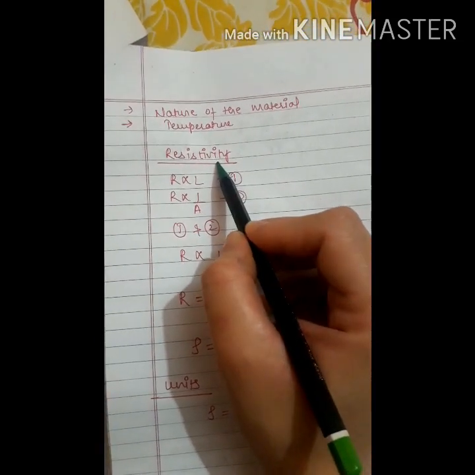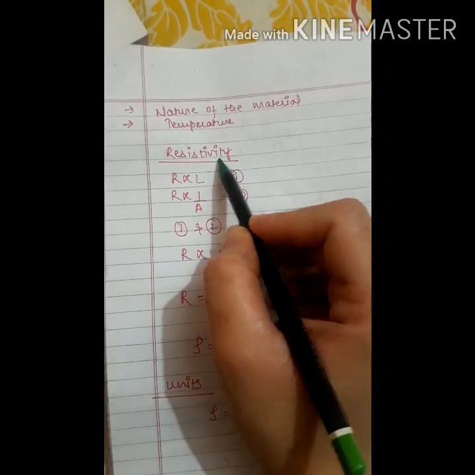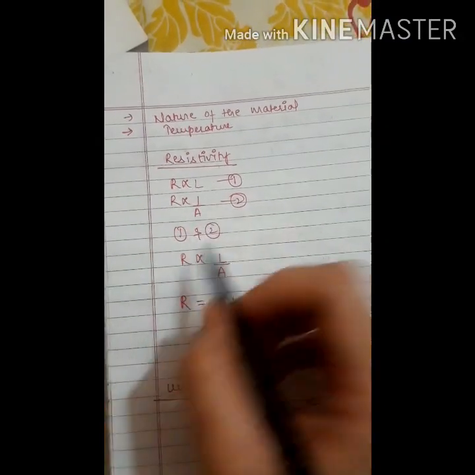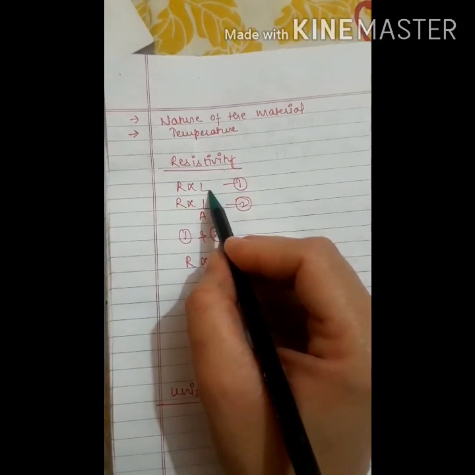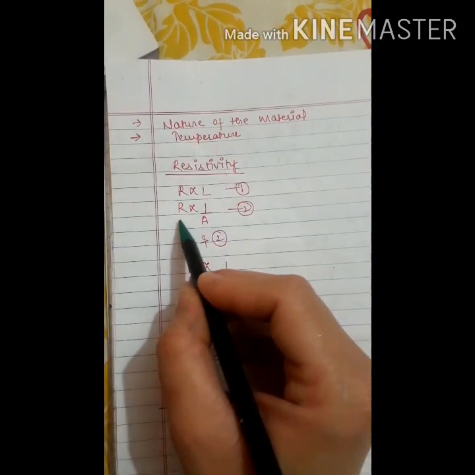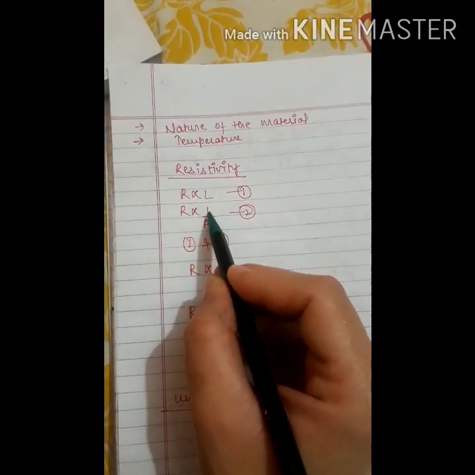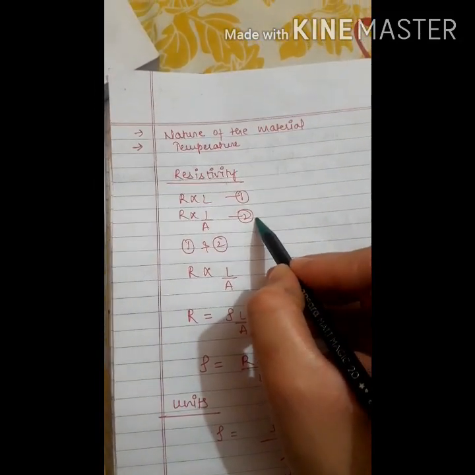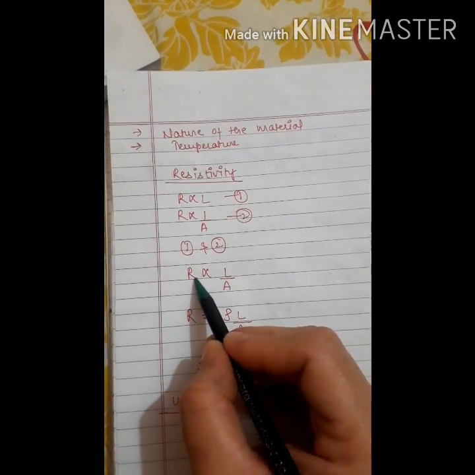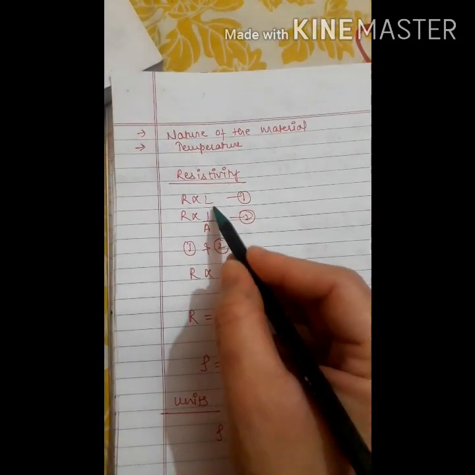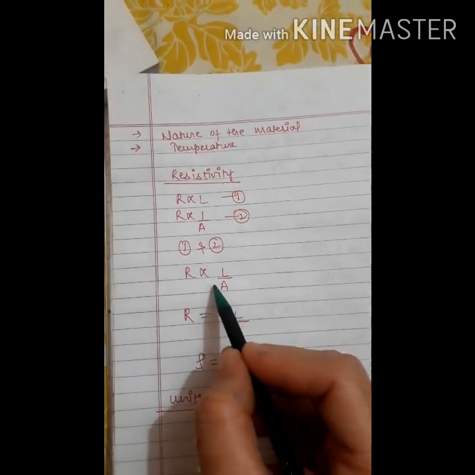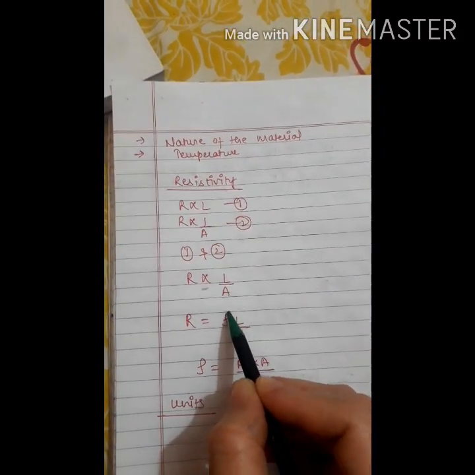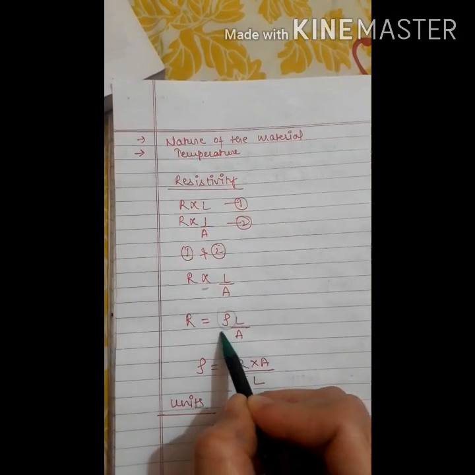Resistivity, we can easily calculate resistivity. We also know from the previous article that resistance is directly proportional to the length of the conductor. Resistance is inversely proportional to the area of cross section. By combining these two, we get R is directly proportional to L upon A. By removing the sign of proportionality, we add here a new constant, that is rho.